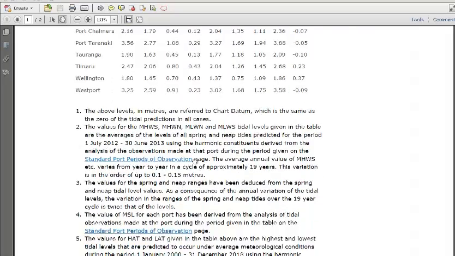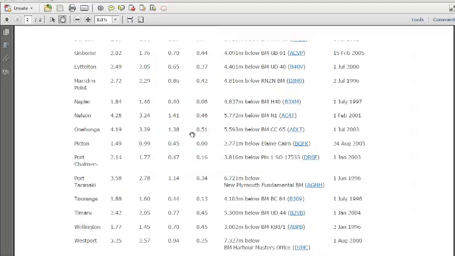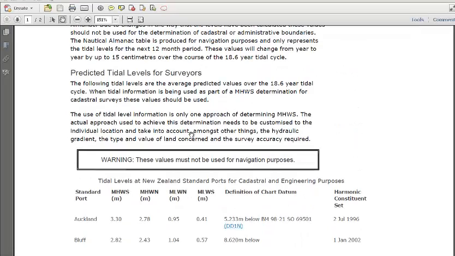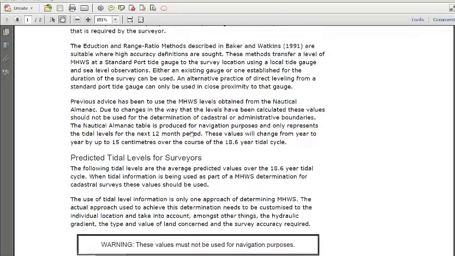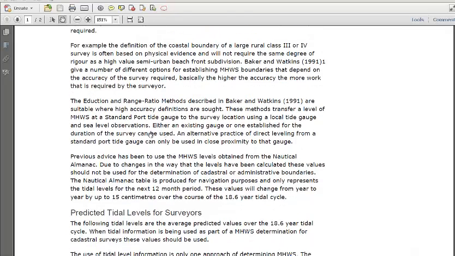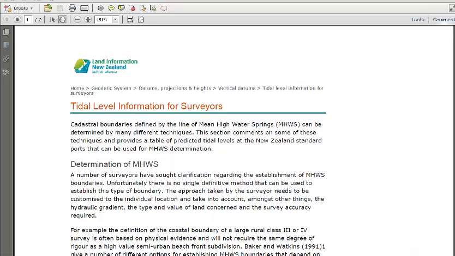But if you scroll down to the bottom of that page, you'll see that these are not intended for use for the determination of cadastral or administrative boundaries, and in fact it leads you to the page that is to be used for that, which is this tidal level information for surveyors, and this is the levels that you use. Again, it refers to adduction and range ratio methods and Baker and Watkins, so you know you're on the right page there where you get tidal level information for surveys.